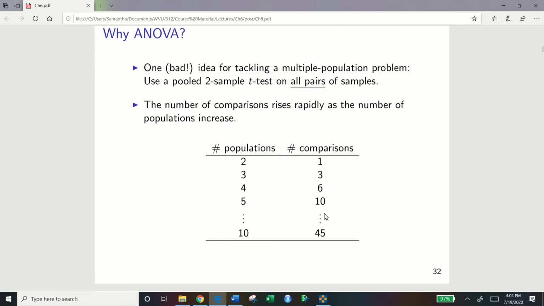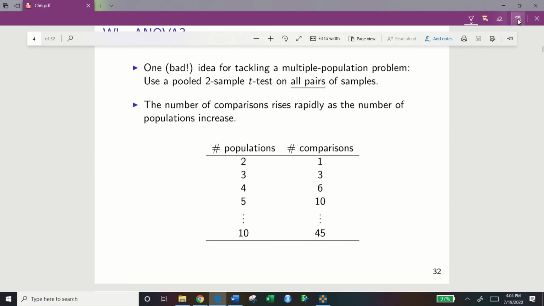Now, at this point, we may be asking ourselves, why would we want to do this comparison of variances? Why couldn't we just do a whole bunch of two-sample t-tests on all pairs of the samples? Well, that is an interesting idea, and you're not totally wrong in thinking that. It's a pretty logical thought: why don't we just compare each pair to each other and go from there?